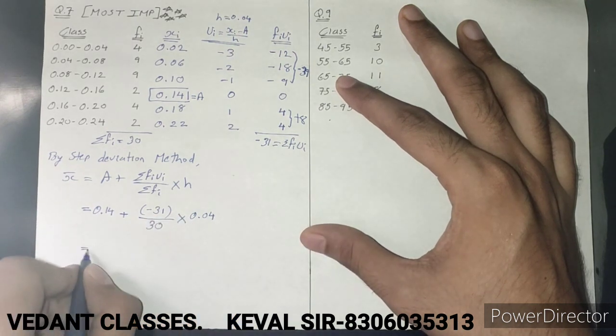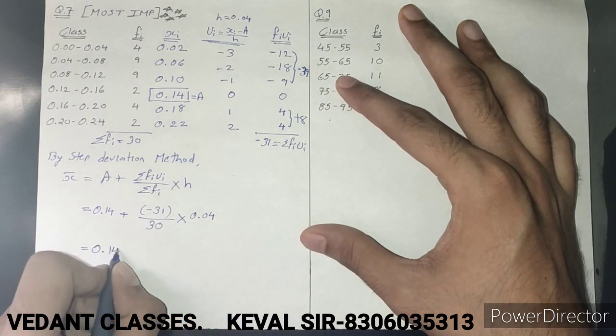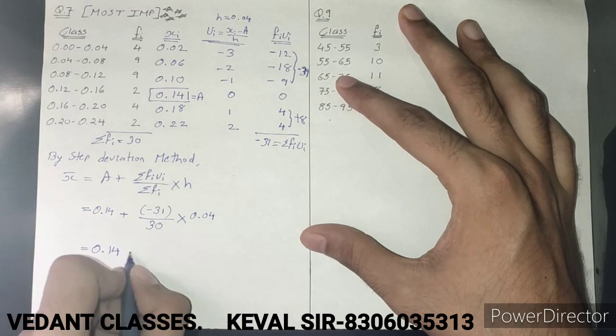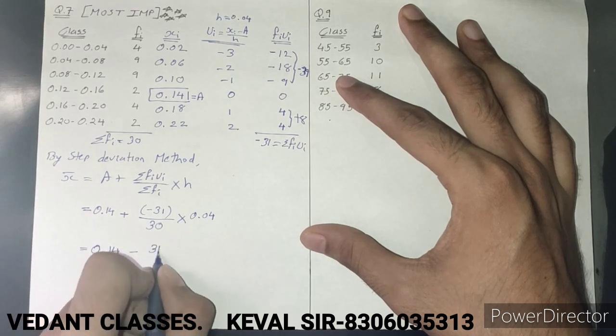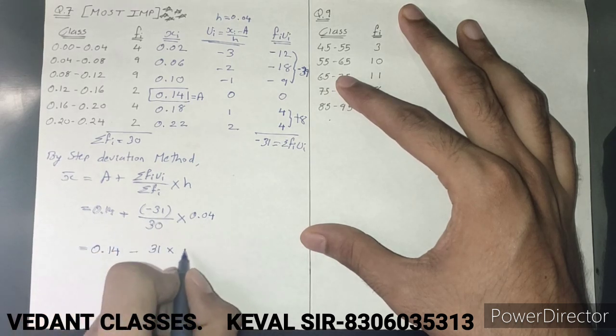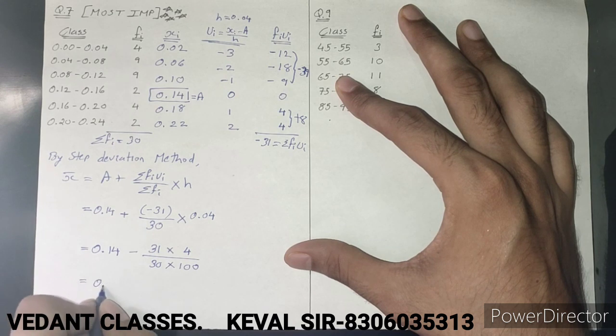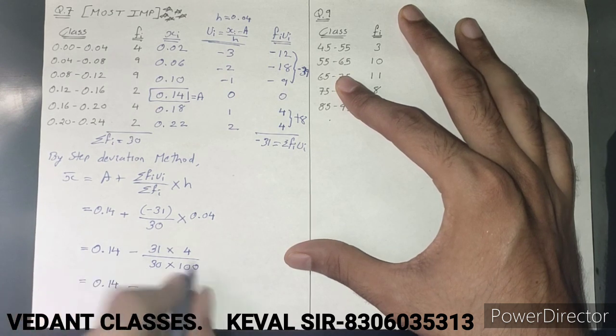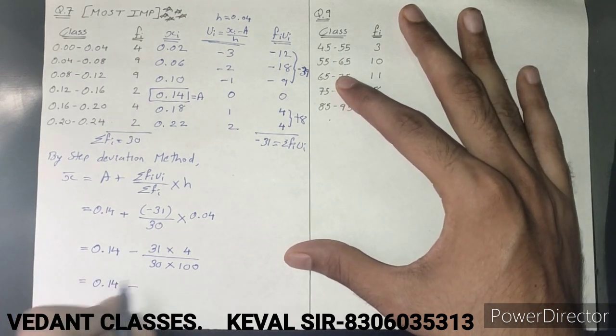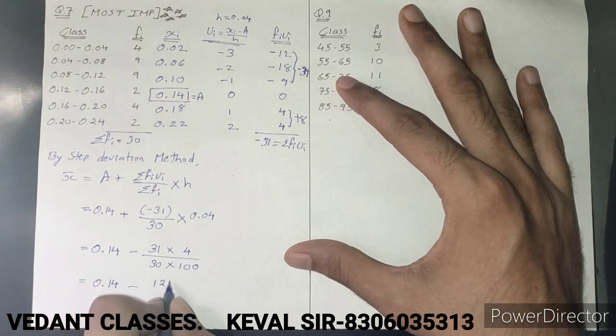Okay, now we'll simply calculate this one, plus minus minus. So we can write 0.04 as 4 upon 100. So 0.14 minus plus 31 into 4, so it will be 124, and we can write the denominator like this, 3 into 1000. Now just divide 124 divide by 3.